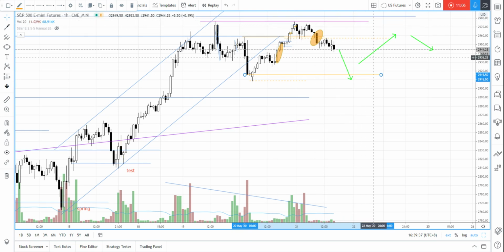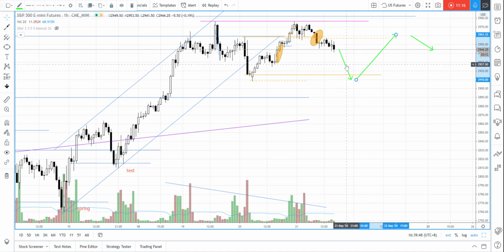Just drag it a bit here. So if it just bounces out from there, then it could form a long entry. So pretty much it's just a few levels, like 2910 or 2930 for the support levels, and for the immediate resistance level, this supply bar here around 2960, and definitely the swing high at 2976.